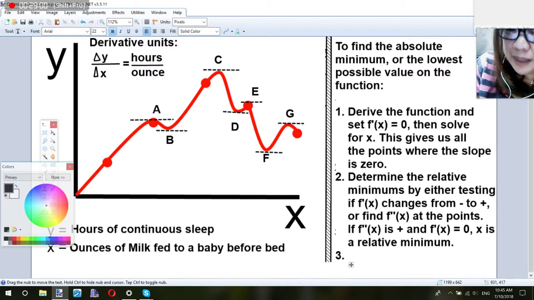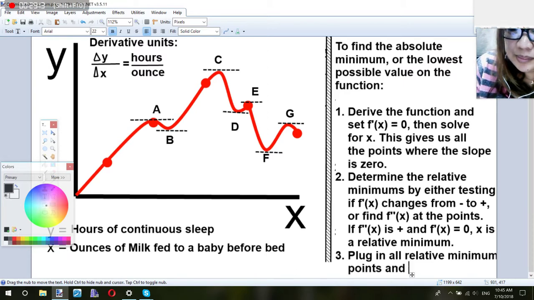So we need to plug. Okay, plug in all relative minimums and the start and end points.